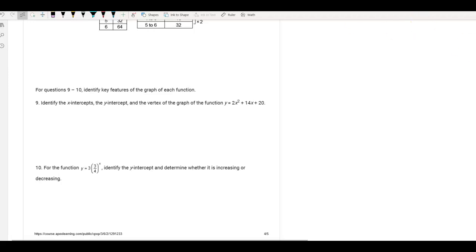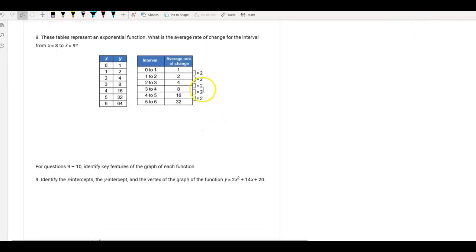So from 6 to 7, multiply by 2, that'd be 64. From 7 to 8, that would be 128. Multiply by 2 again, so 8 to 9 would be 256.